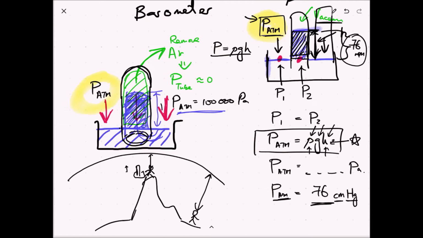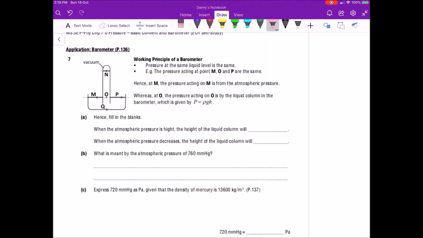So now can you take out your worksheet 7.0, and we are going to consolidate our learning in the worksheet. Okay, principle of a barometer. For example, now I have this barometer and I name five points M, N, O, P, Q, and I want to ask you what is the pressure there. If I ask you what is the pressure at point N, well, above point N is vacuum, right?